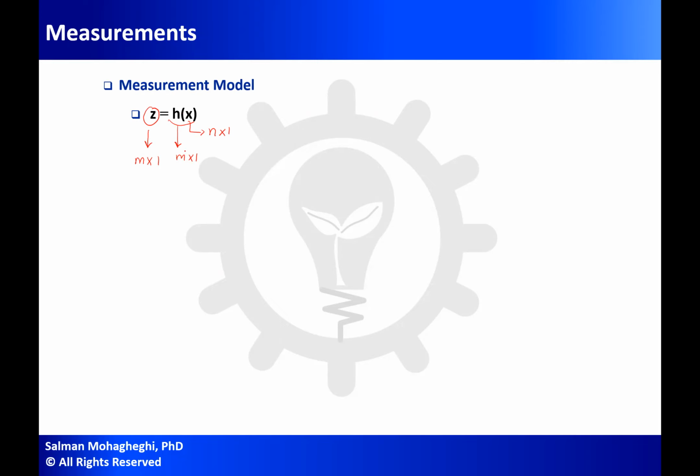Let's see this through an example. Imagine I have a two-bus system with nodes K and J. Here I have VK, delta K, VJ, delta J. And let's assume that this line has an admittance of yKJ.